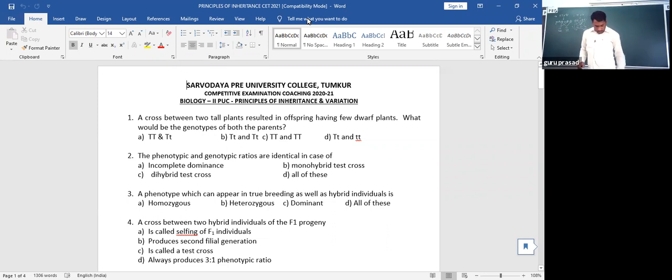Okay. Now let us move on. That's about the question 1. The main two things you should follow. First, concentrate on the question. Find out the findings given, hints given, like they have told two tall parents, few of the offsprings are dwarf. In this sense, the parents are not pure line, one thing, and again, both the parents are tall, second thing.